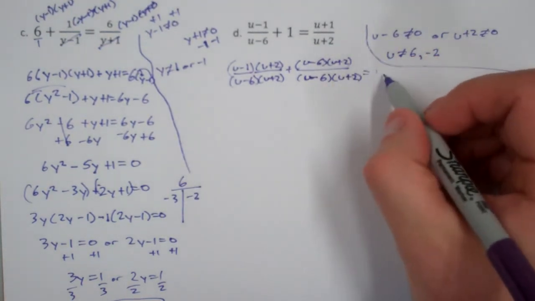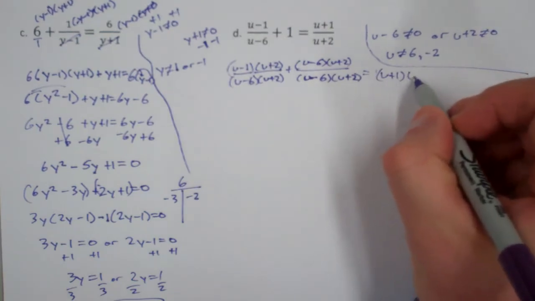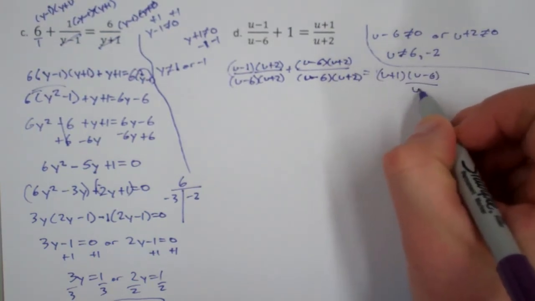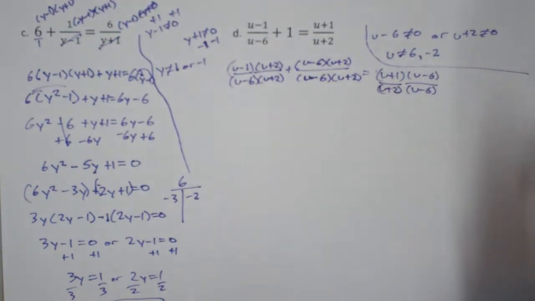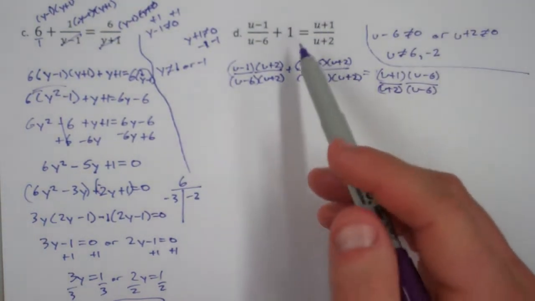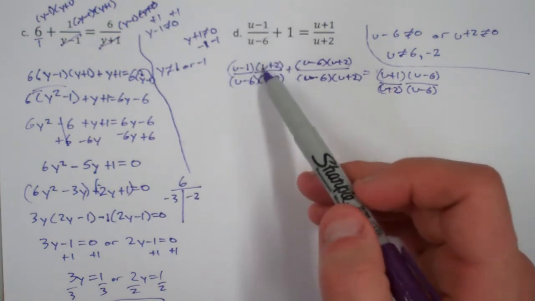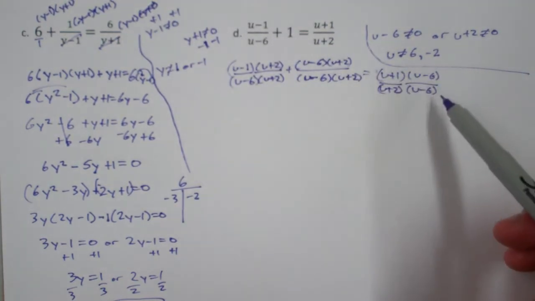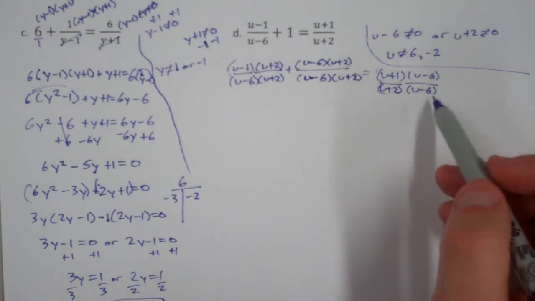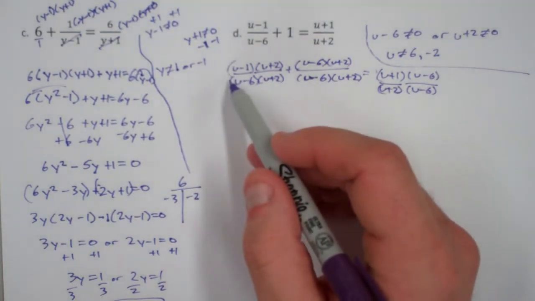And then this next one I'm going to multiply by u minus 6 over u minus 6. So you'll notice that I've not multiplied any one of these fractions by anything other than 1. U plus 2 over u plus 2 here, u minus 6 u plus 2 here, and then u minus 6 over u minus 6 here. The benefit of this is now all the denominators are the same.